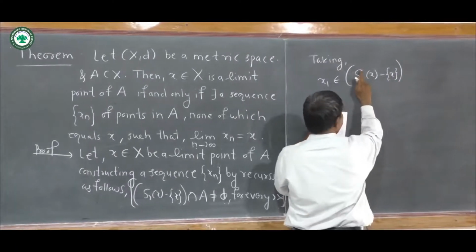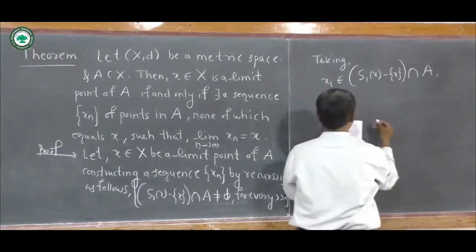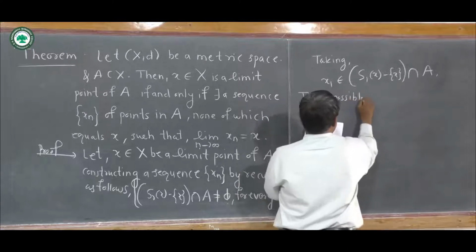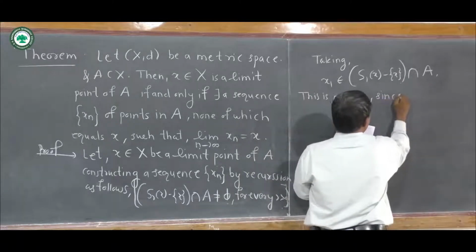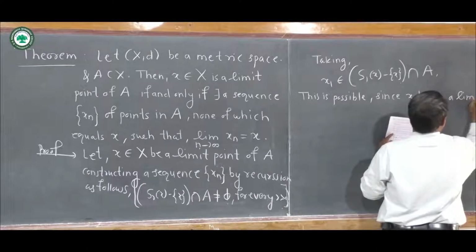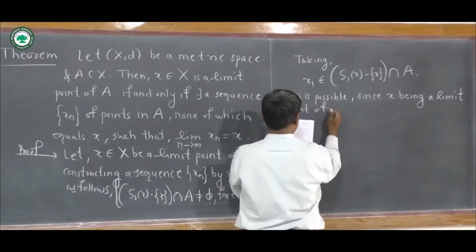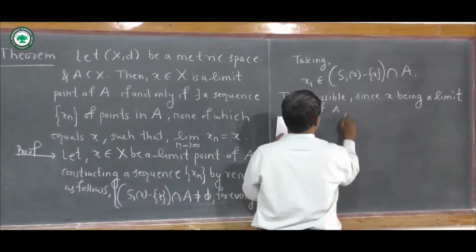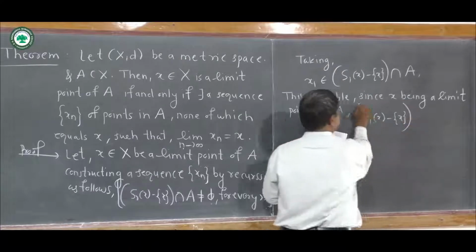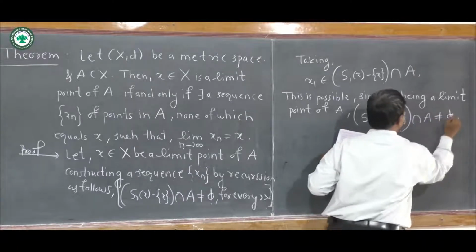That is, this is the open sphere of radius 1 intersection with now A. Now remember, this is possible since x being a limit point of set A. Okay, so therefore we have here now intersection of this open sphere whose center is deleted with A is non-empty.